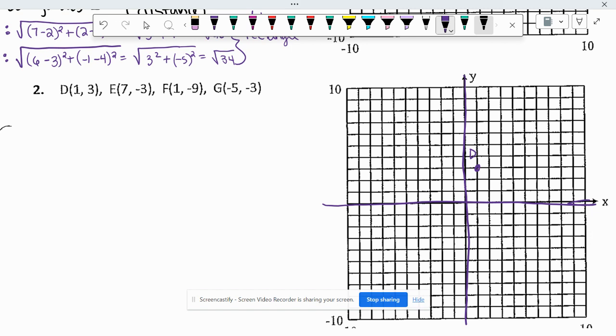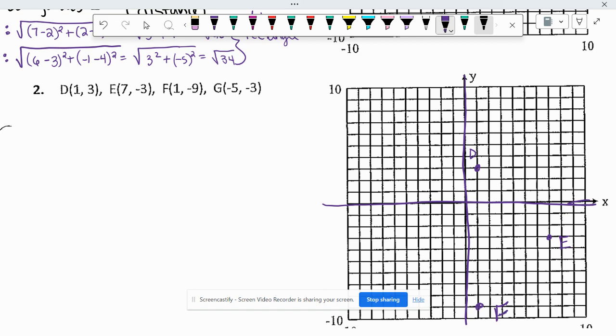Just pick it up. E is the ordered pair 7, -3. F, the ordered pair 1, -9. So F is way down here.